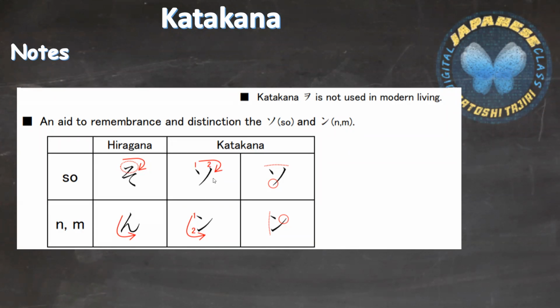So be mindful of that. In so, the stroke starts at the bottom going up, while in n it goes from the top down. That is their difference. They're almost the same, but they are not actually. So let's have a quiz here.